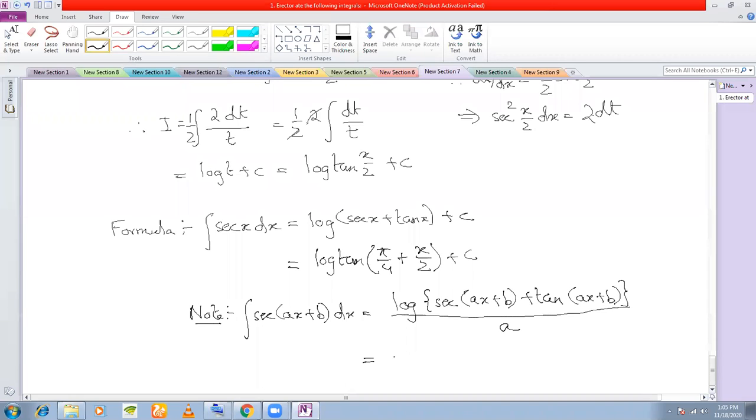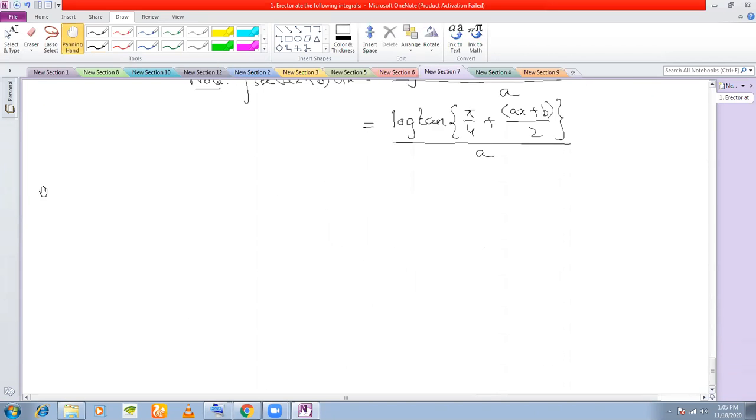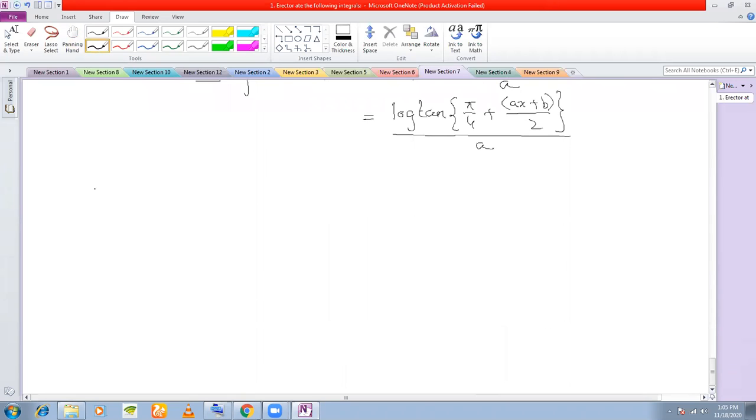For the second part, in terms of tan, it will be log tan of pi by 4 plus ax plus b divided by 2, whole divided by the derivative, which is a. This is the way you write. Okay, moving on to the proof.